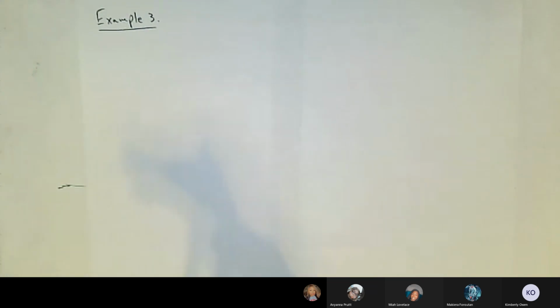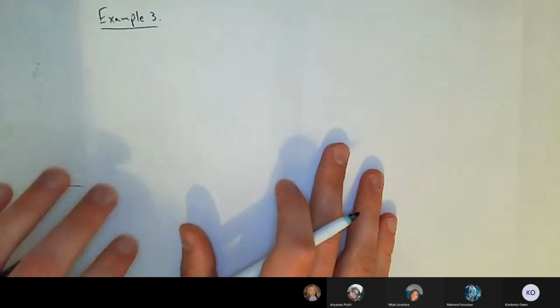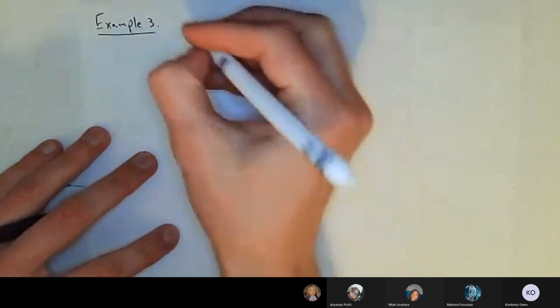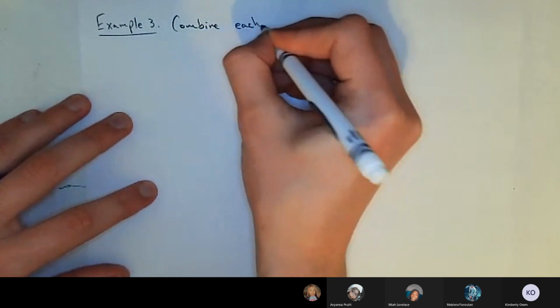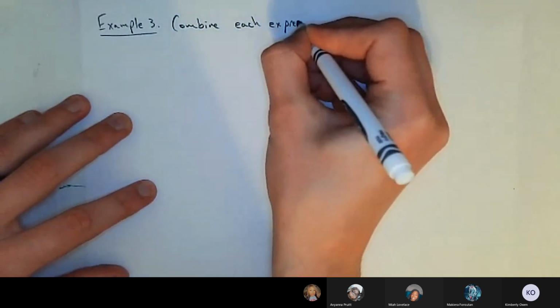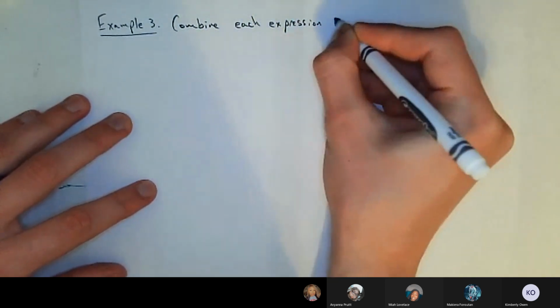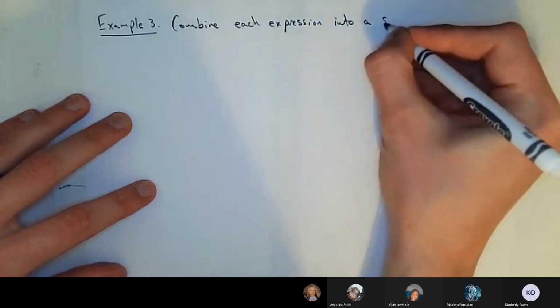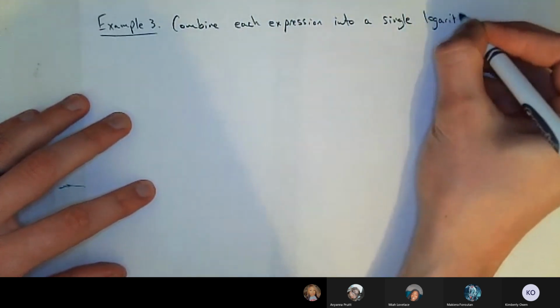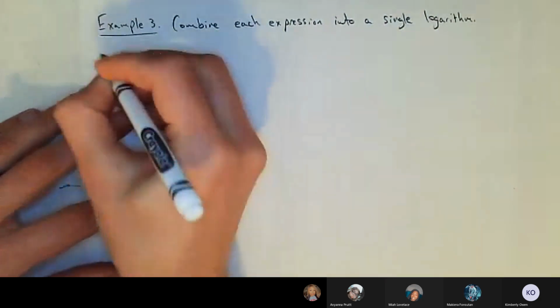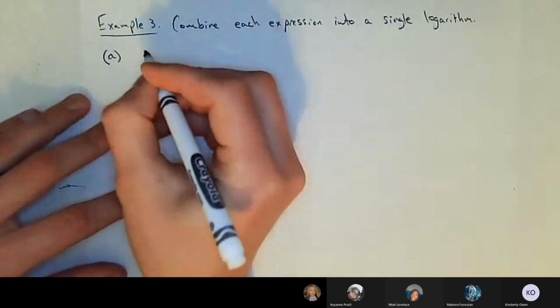In these, we're going to be using the same laws to compact these expressions, but we're not going to evaluate them because they're going to have variables in them.